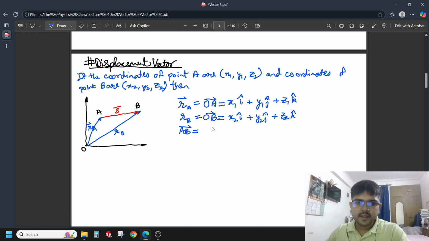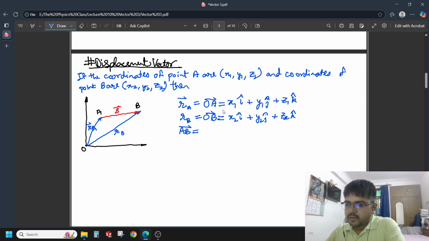Now what is AB? That's the question here. What is the vector AB? We have to remember this, that if we have to find AB vector, then it would be RB minus RA vector. That is the vector that is afterwards minus the vector which is at the tail. So afterwards minus the before one, RB minus RA.